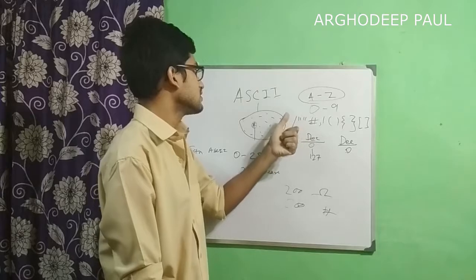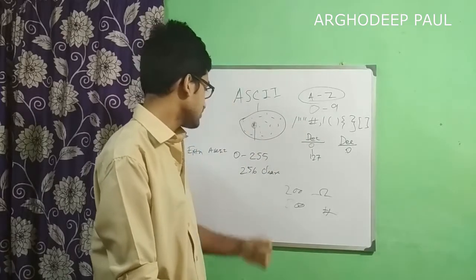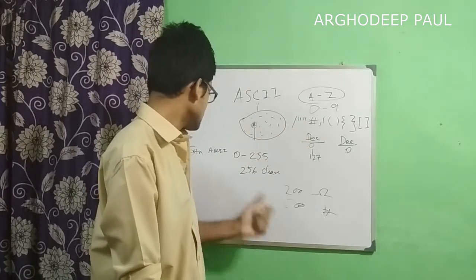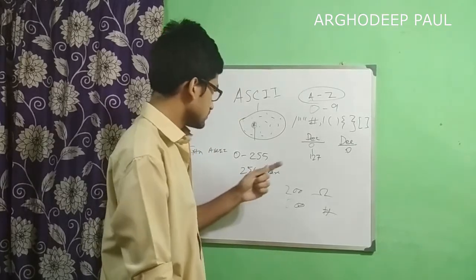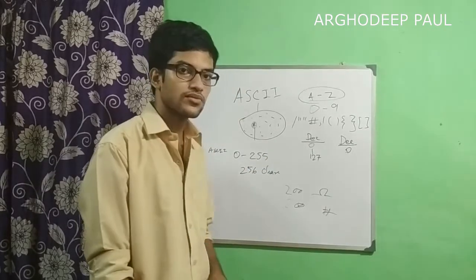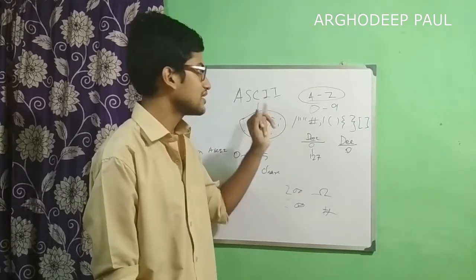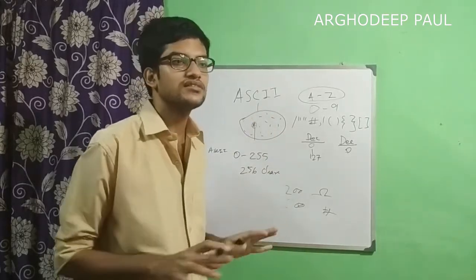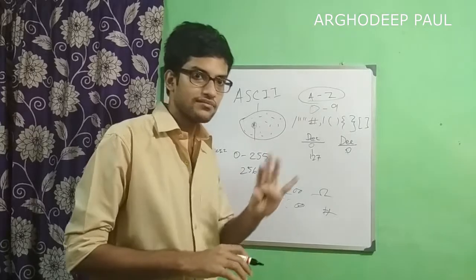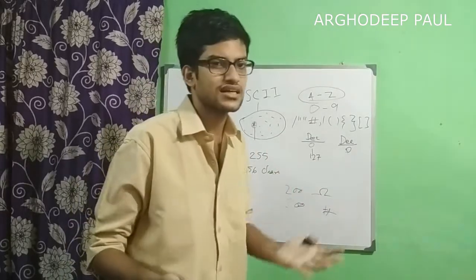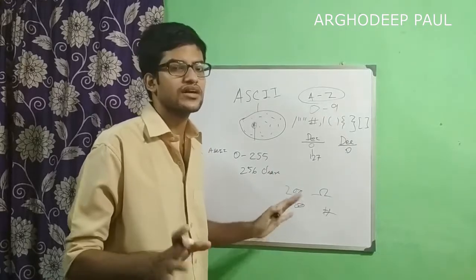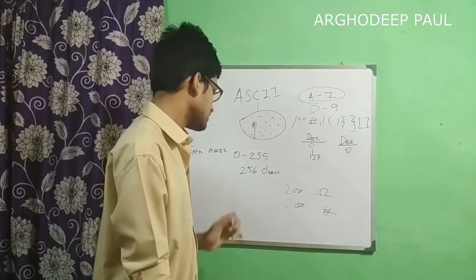Few of them are from the standard ASCII and few of them are from the extended ASCII. For the standard ASCII there will be no problem, because standard ASCII is the same for every region and every country, even now.